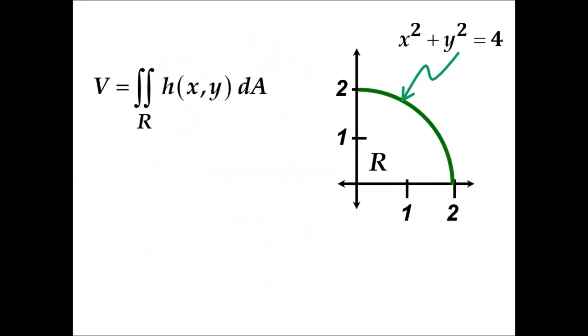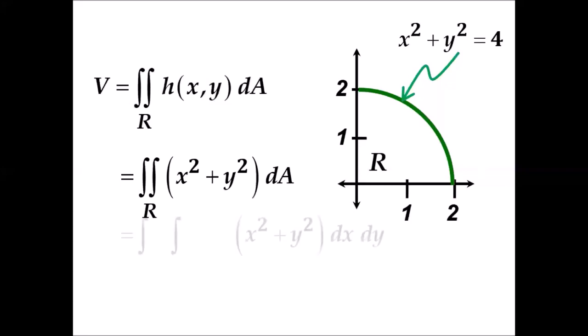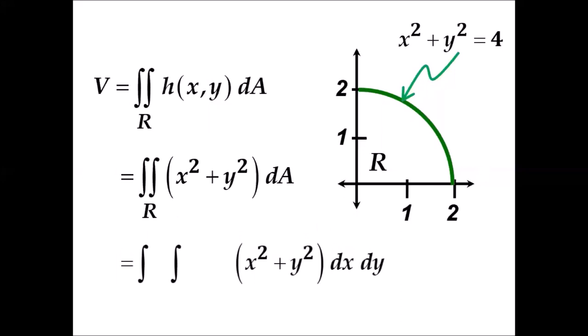Hence, the volume of the solid is given by the double integral of x squared plus y squared dA evaluated on R. And in this particular example, we set dA to be dx dy, meaning to say we will be using horizontal strips to find the area of the region R.